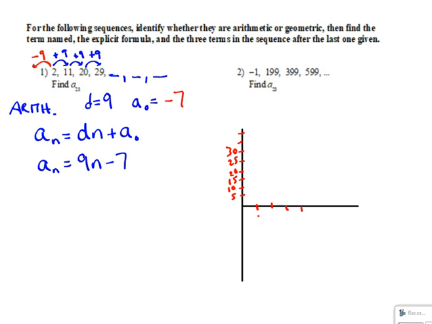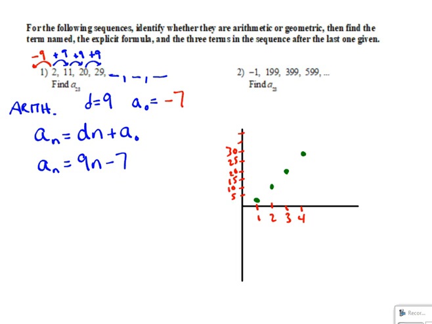If these are term numbers 1, 2, 3, and 4, then the first term is 2, about right there. The second term is 11. Third term is 20. Fourth term is 29.